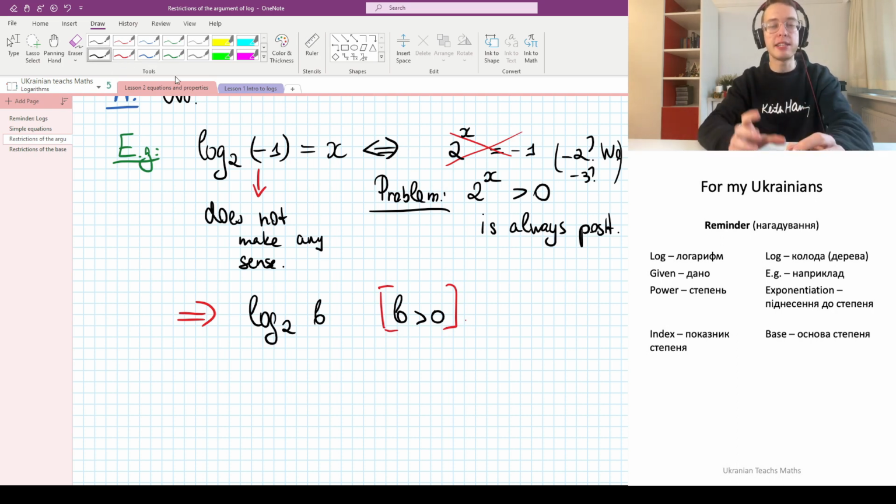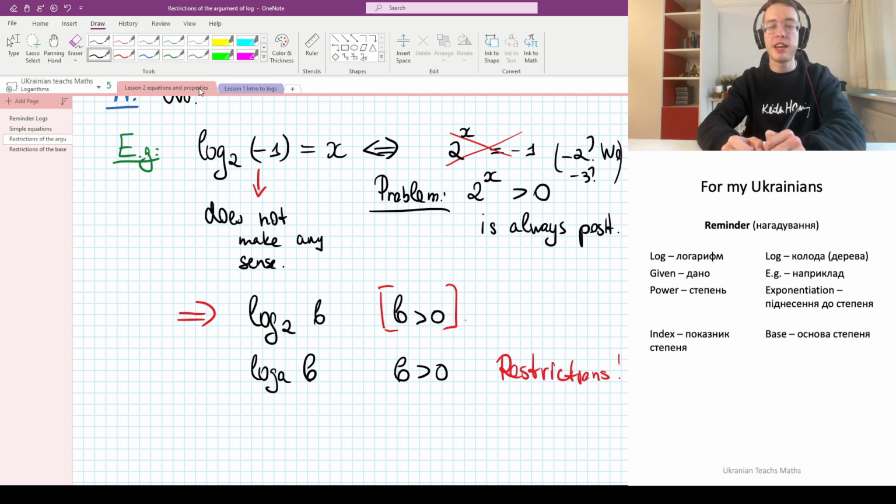So if b is positive, everything is alright; if b is negative or 0, then we are having some trouble. Or again, log a of b, we have b greater than 0. So these are our restrictions on logs.